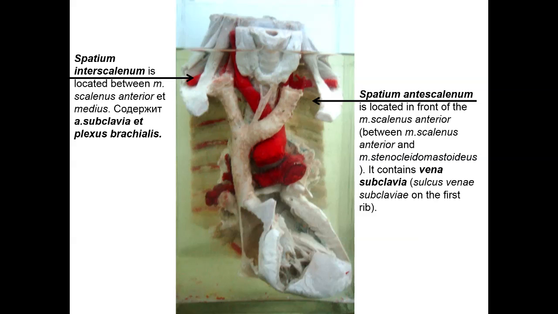So, vena brachiocephalica sinistra is a result of the connection of vena jugularis interna sinistra and vena subclavia sinistra. Where the head of this arrow is, vena subclavia sinistra passes to connection with vena jugularis interna and forms this vena brachiocephalica sinistra.